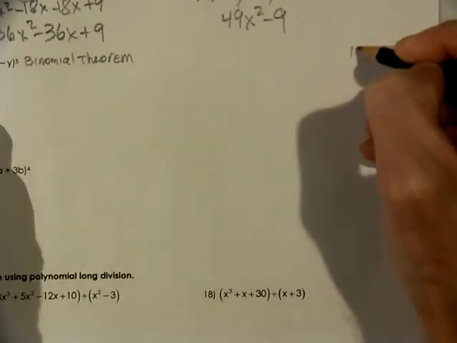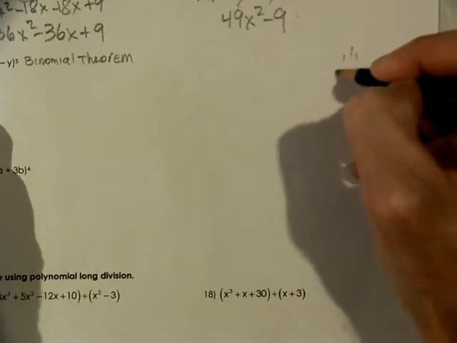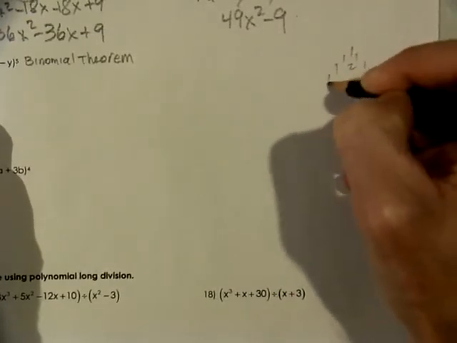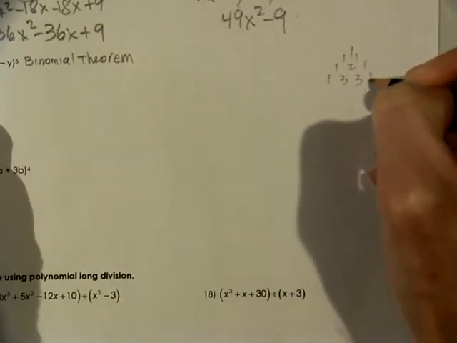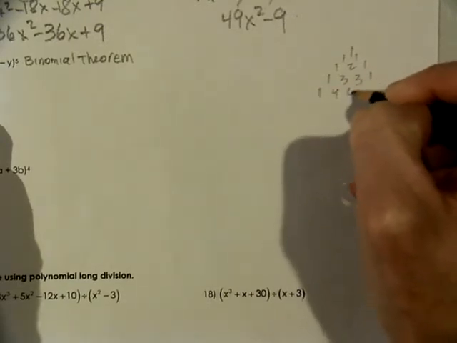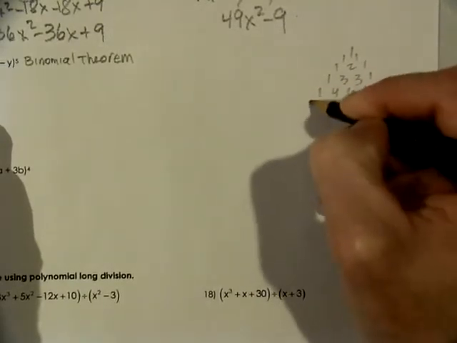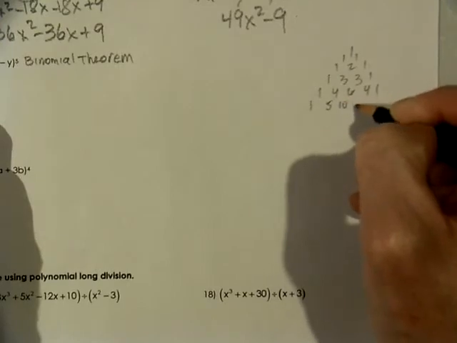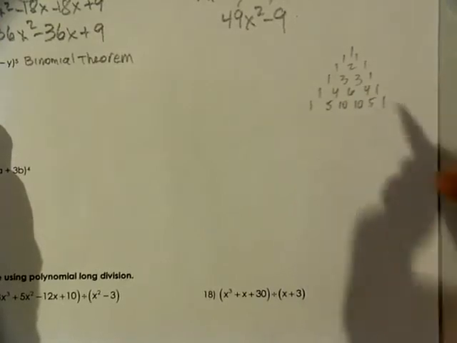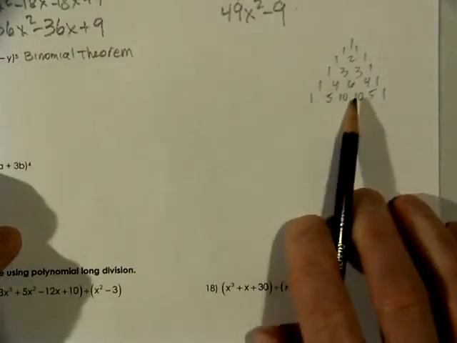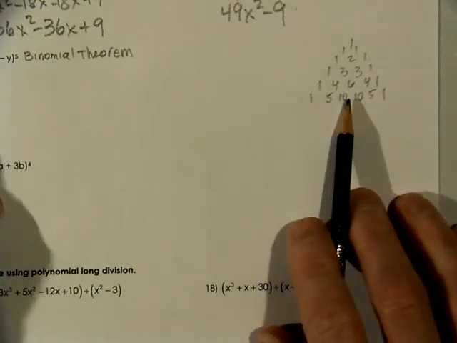The Pascal's triangle. Pascal's triangle, you can see what the 5th row would be.